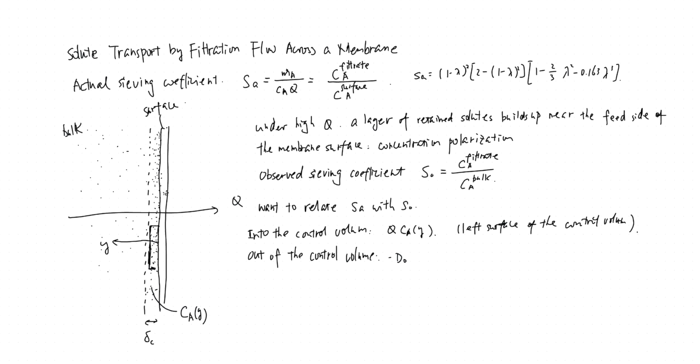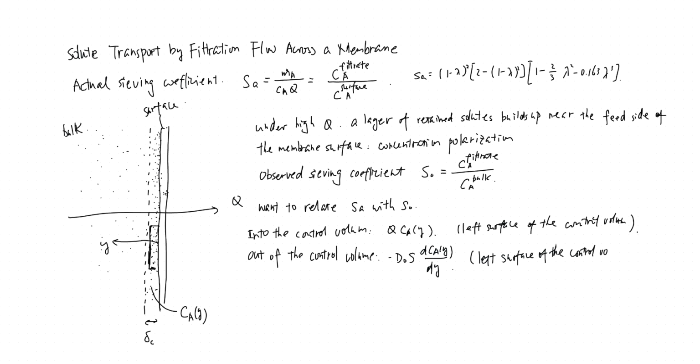And S is the area, and then you get dCA as a function of y, dy. This is Fick's first law. So this is out of the control volume from the left surface of the control volume.